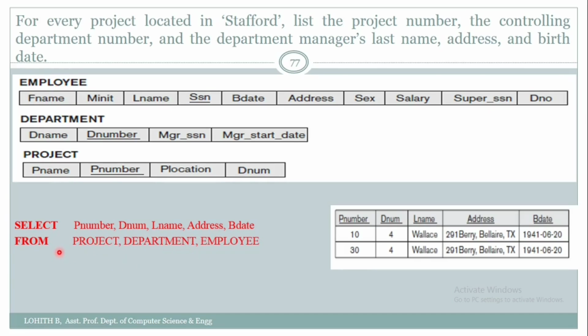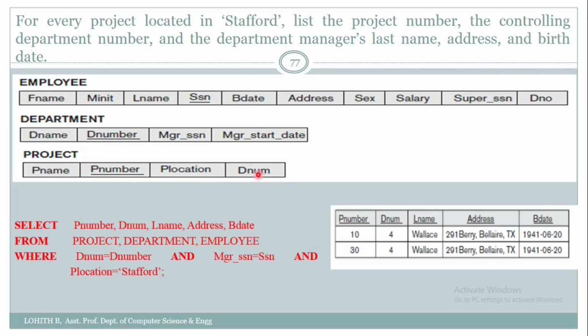Now next is the where clause. The where clause is pretty simple: the project location is equal to Stafford, and after that I need to join these three tables. How would you join project and department?